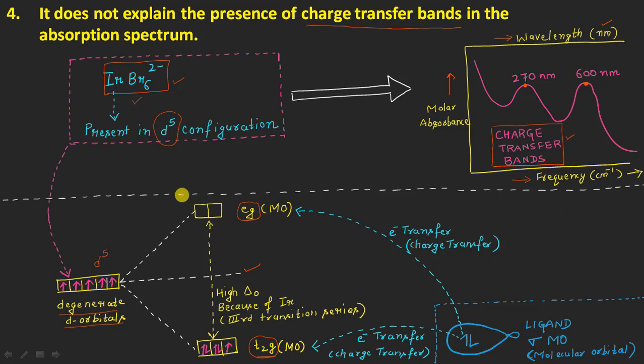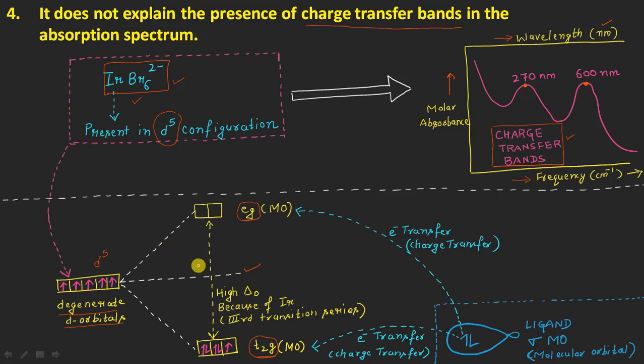And if you remember, while discussing the factors which determine the magnitude of crystal field splitting in transition metal complexes, I told you that there is an important factor, that is the type of d orbitals upon which the magnitude also depends. It says that as we go from the first to the second and then from the second to the third transition series, the size of the d orbitals goes on increasing, and thus the magnitude of splitting also increases, right?